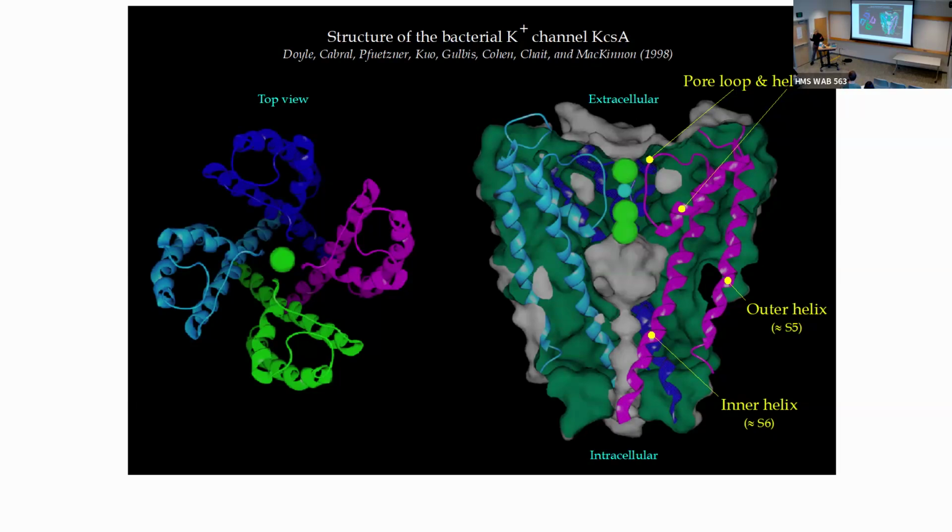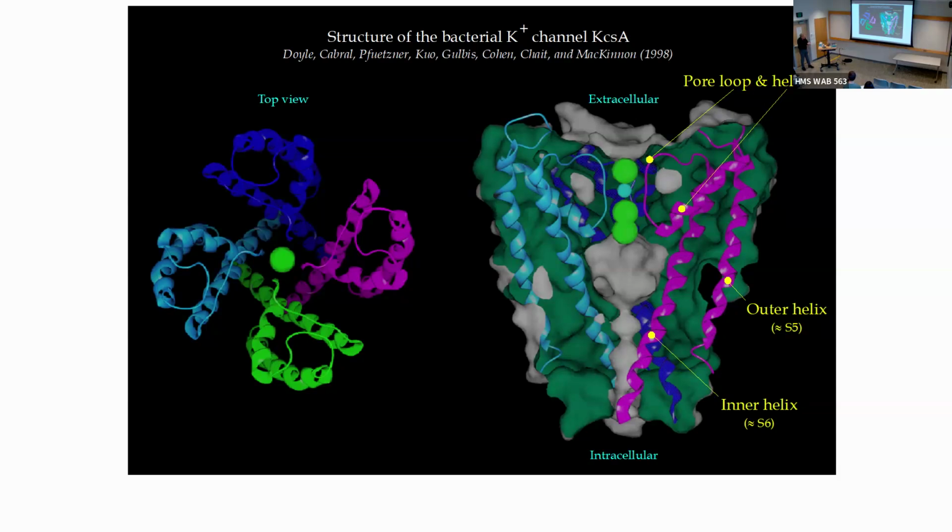And it was just so exciting, so beautiful to see this, not least because it's exactly the way Clay Armstrong had imagined it, exactly. There was this big vestibule inside that a hydrated potassium ion will sit in, and Armstrong's blockers would go in and fit inside.